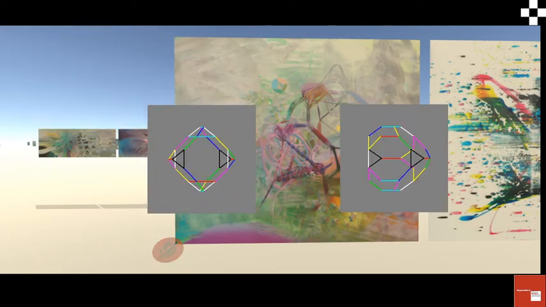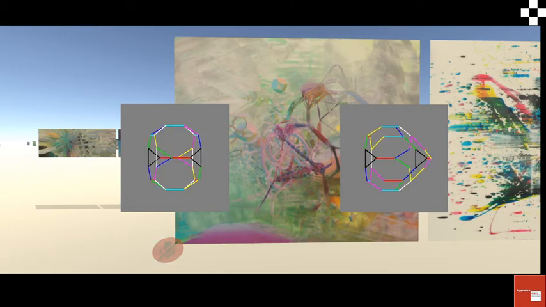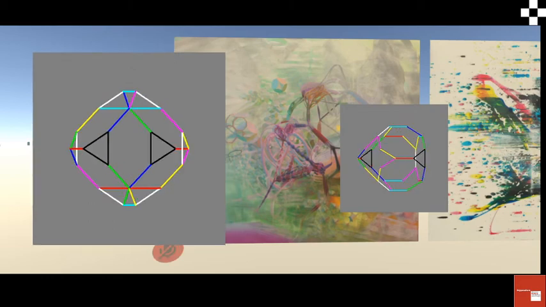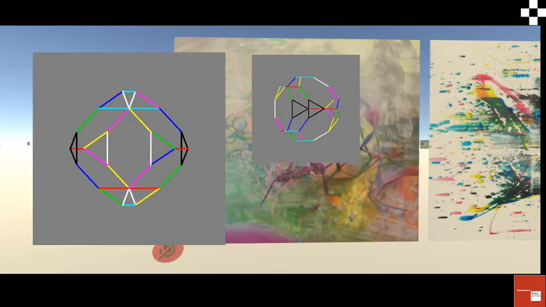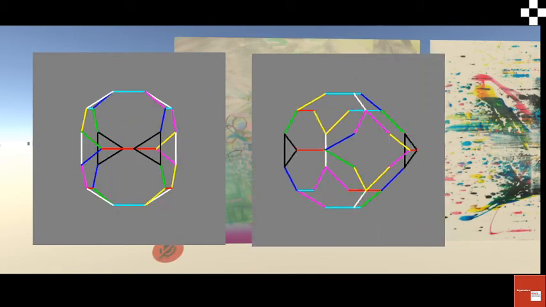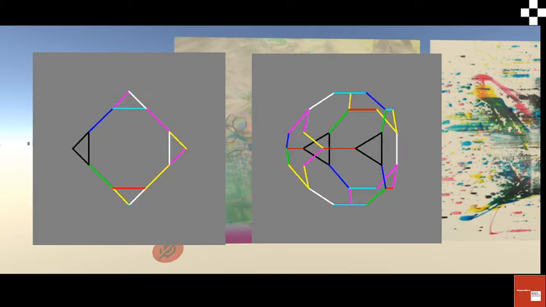It's the acronym of exuberance inscribed on a triangular bipyramid. It means that this shape, triangular bipyramid, contains the octagons on its faces.